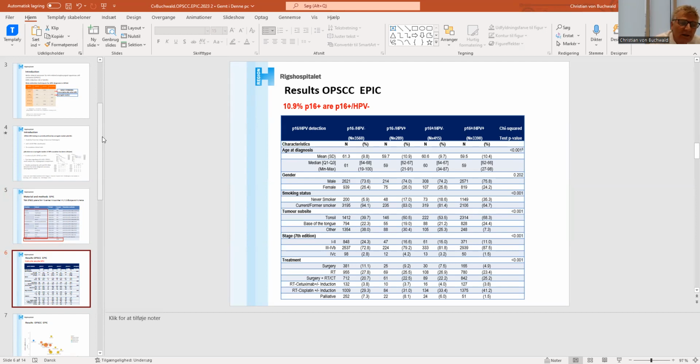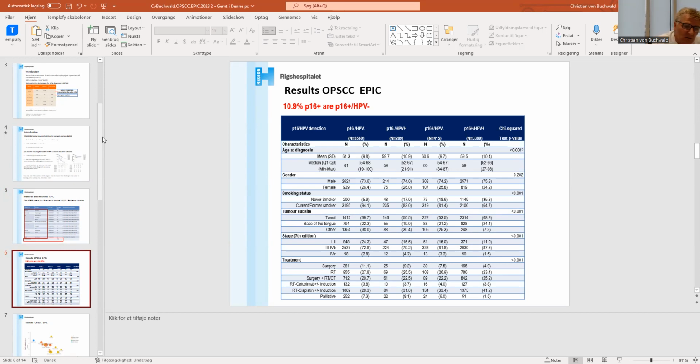You see here also that we have shown the gender, and men contribute by far the largest portion, almost 3/4 of the cases. Then we have also got data on smoking status. We have data on tumor subsite.